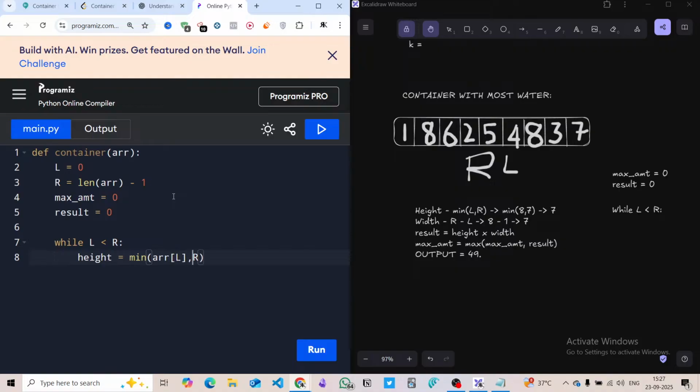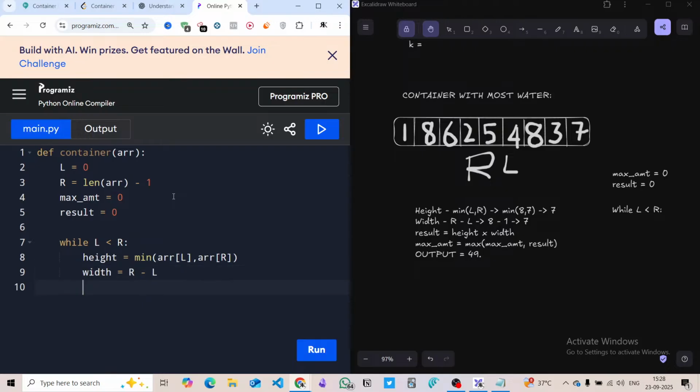So we need the value array of R. Then width is equal to, we need an index, minus L. Right. So we need to store it in the cell.